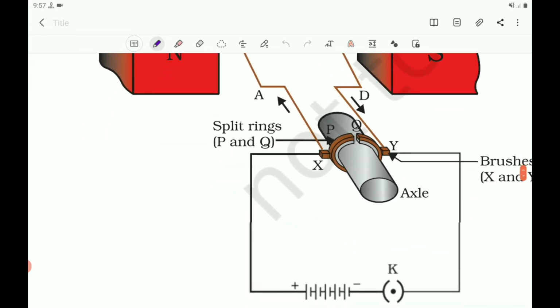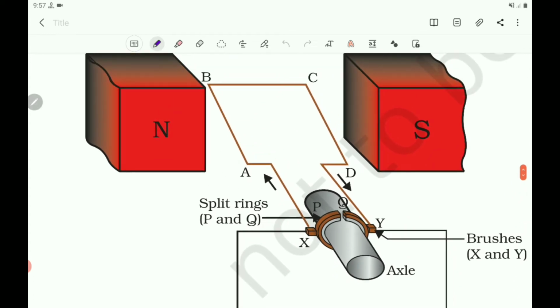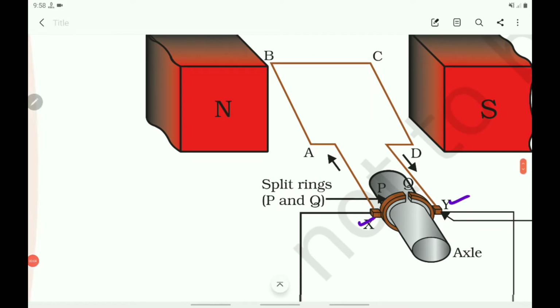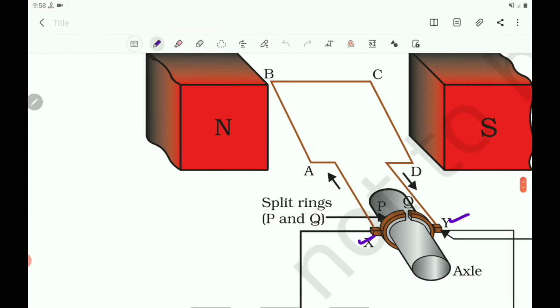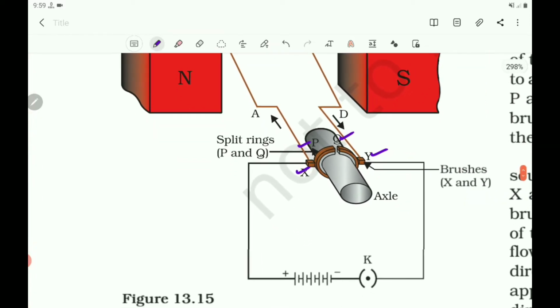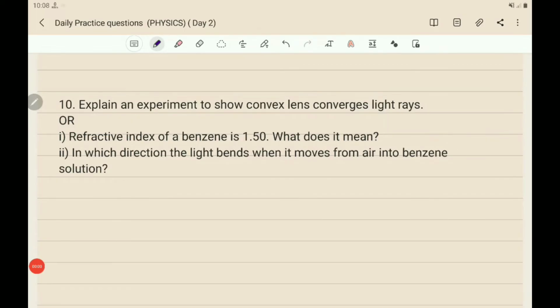Here you observe the diagram, and the carbon brushes are X and Y, and also label the split rings P and Q. So here are the carbon brushes, this and this, X and Y, and P and Q are the split rings.